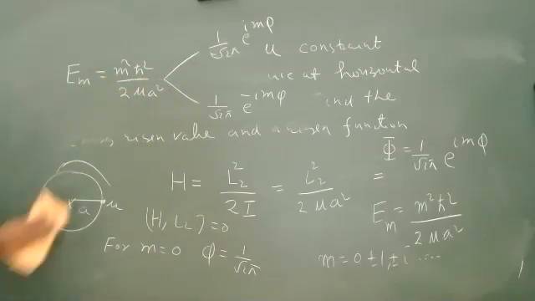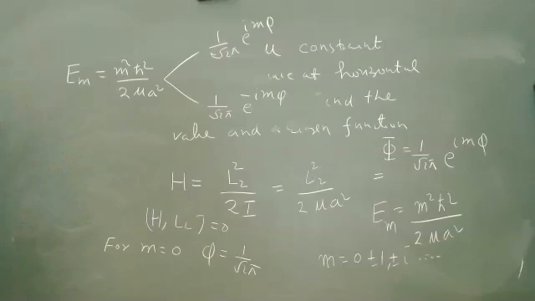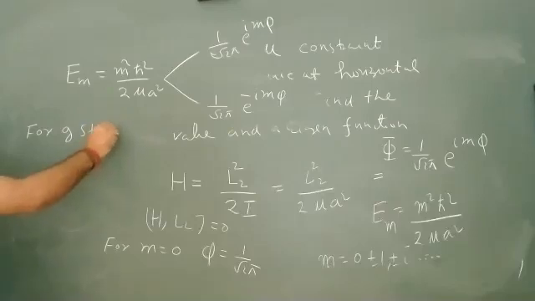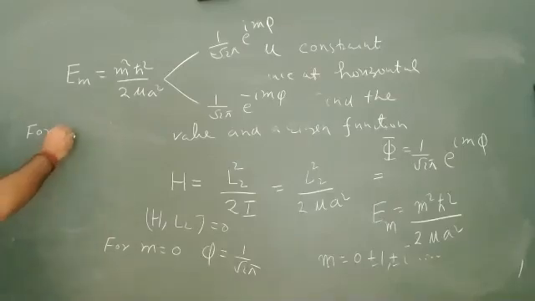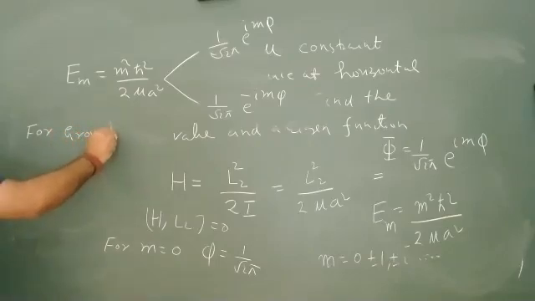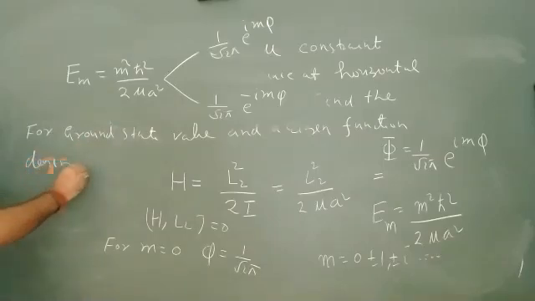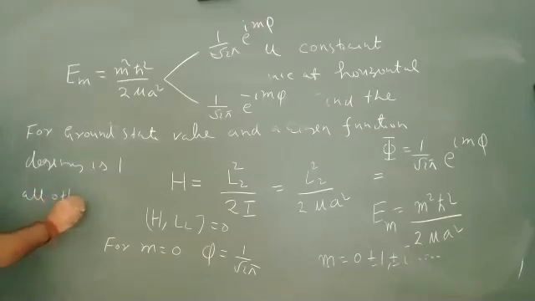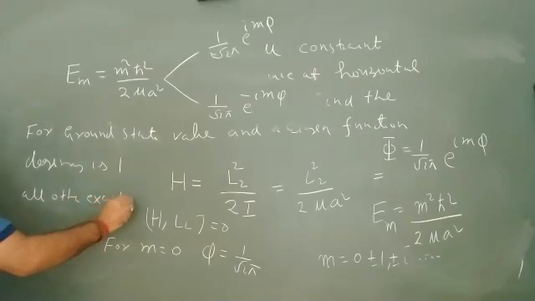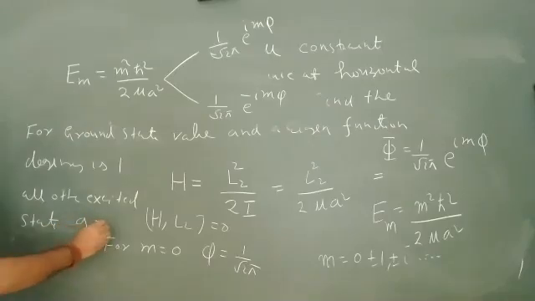So for this type of problem, the degeneracy for the ground state is 1, and for all other excited states the degeneracy is 2, G is equal to 2.